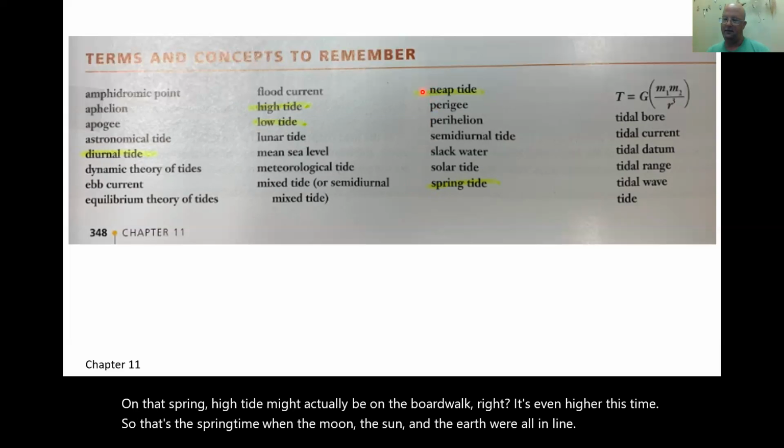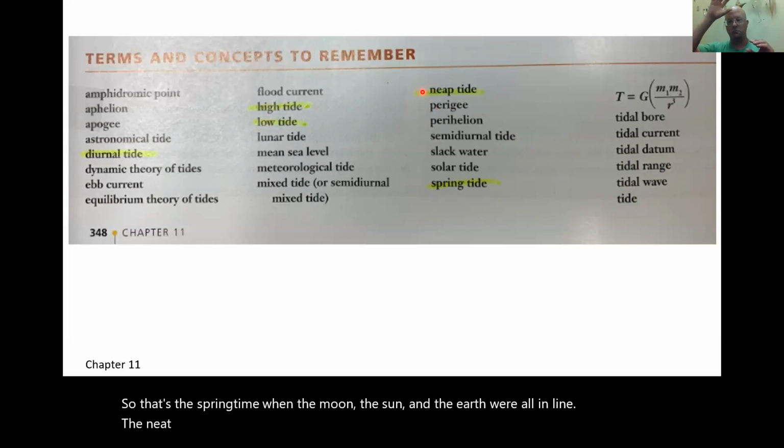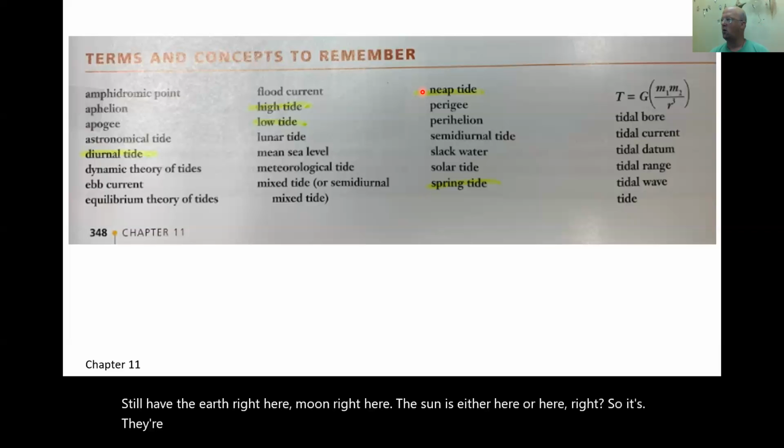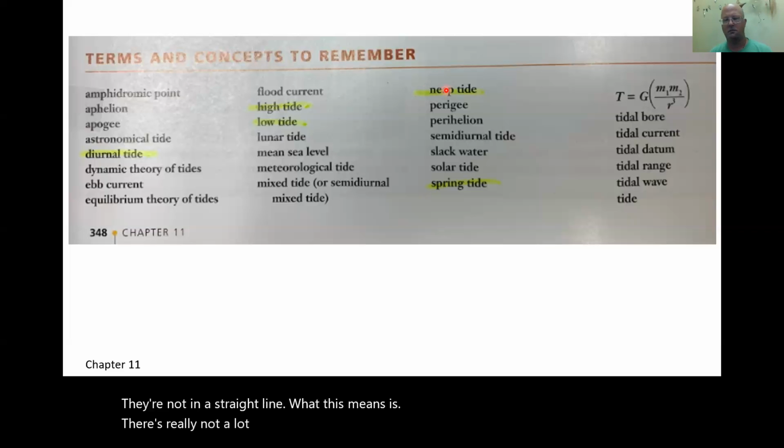The neap tide is when the sun and the moon are not aligned, right? Still have the earth right here, moon right here. The sun is either here or here, so they're not in a straight line. What this means is there's really not a lot of difference between high and low tide.